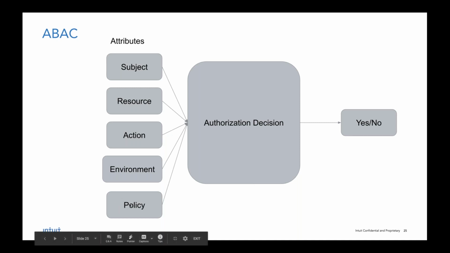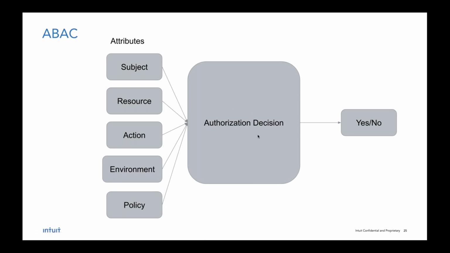And we have a policy that is written in terms of these attributes, and all this goes inside the authorization decision making process, and out comes the answer yes or no. So this is the state of the art that a lot of product companies are using to implement complex access control.